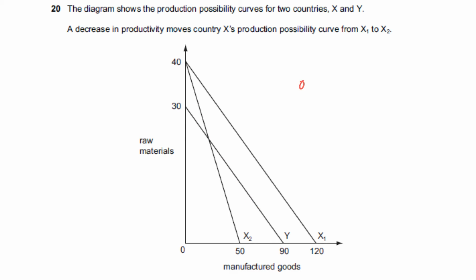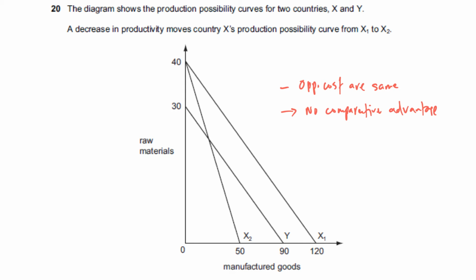So previously the opportunity costs are the same, which means no comparative advantage, right? But then later what happens is that your opportunity cost actually now changes, because previously it was X1, now it becomes X2, which means now X2 is no longer parallel with Y. In fact, X2 and Y have a different opportunity cost.